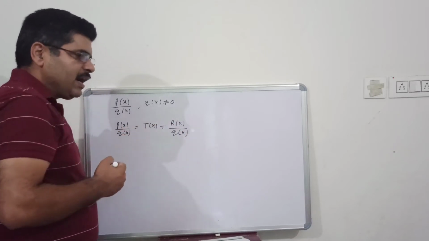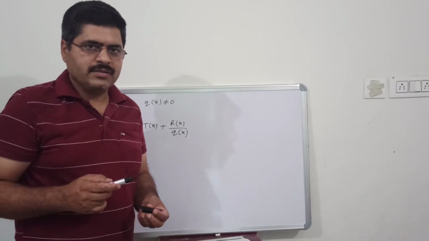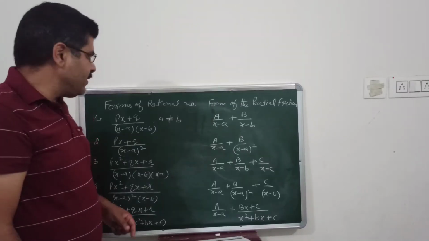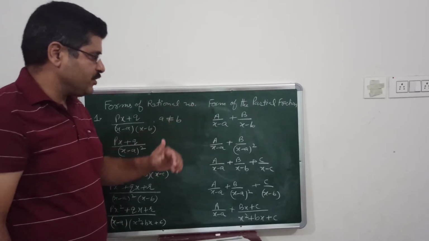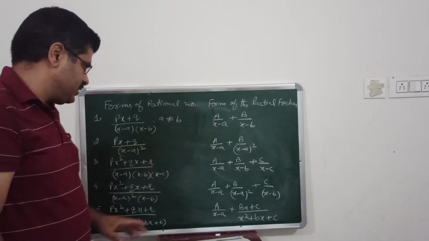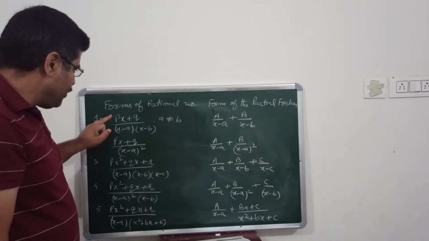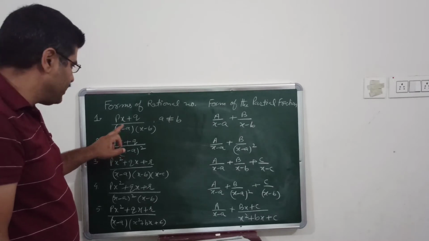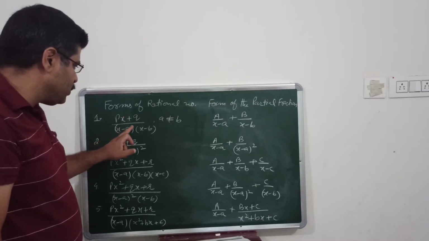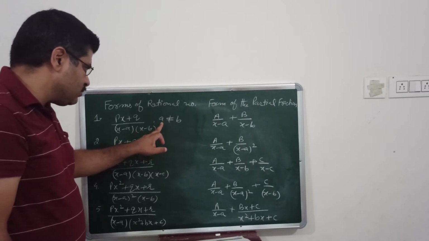After this we have 5 different forms of partial fraction, and I have written them in front of you. The first form is when we have a numerator that is a linear polynomial and the denominator is a quadratic polynomial, that is of the form (px plus q) upon (x minus a)(x minus b), where a is not equal to b.